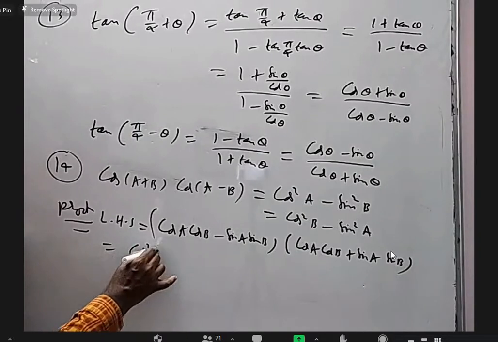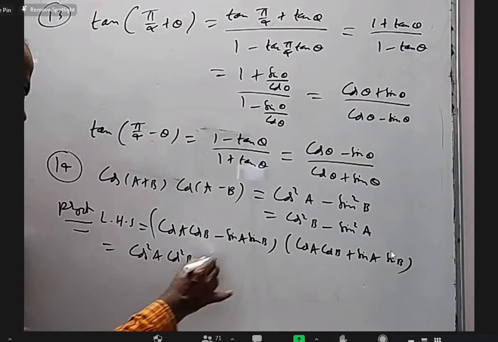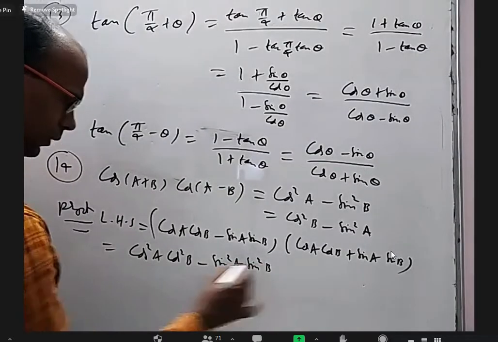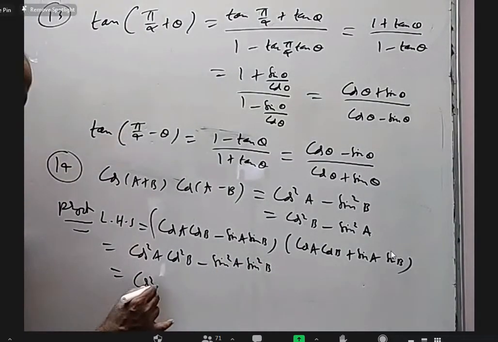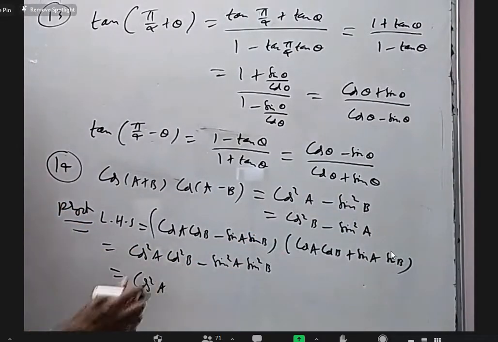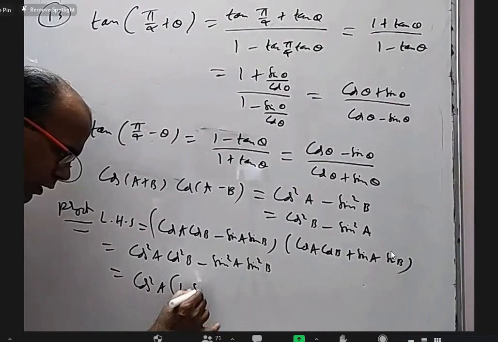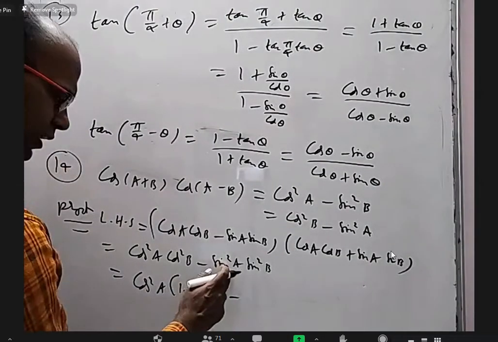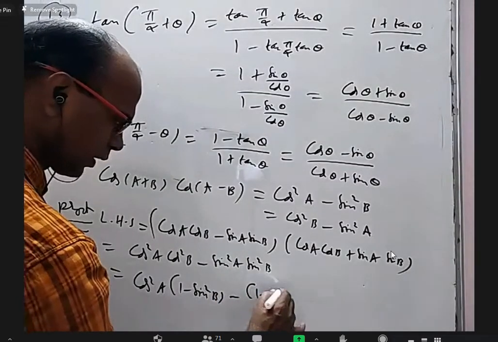So you will get cos square A cos square B minus sin square A sin square B. I want a formula in terms of cos A and sin B. I don't want cos square B, so I'm going to write cos square B as 1 minus sin square B, and sin square A as 1 minus cos square A.